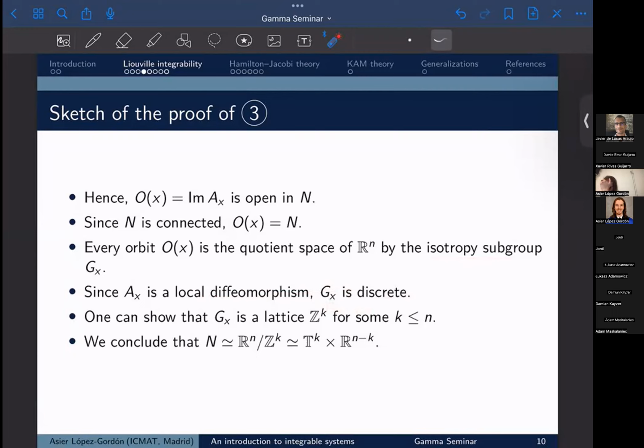This is a detail that I will not prove, but one can show that this discrete subgroup is indeed a lattice Z^k for some k less than or equal to n. And finally, using this, we conclude that the manifold is the quotient of R^n by the lattice, which is just the torus times R^(n-k).